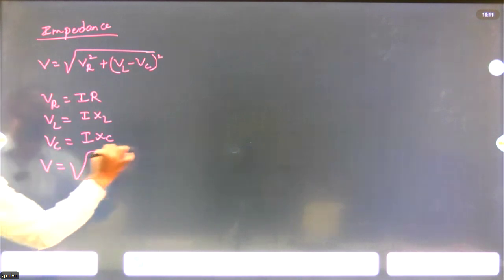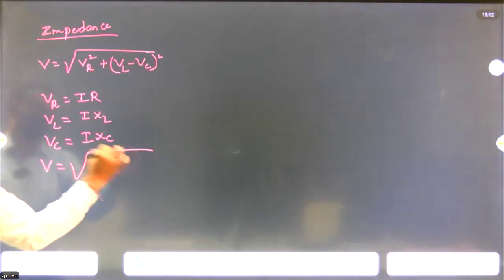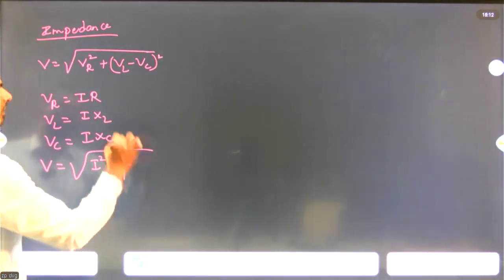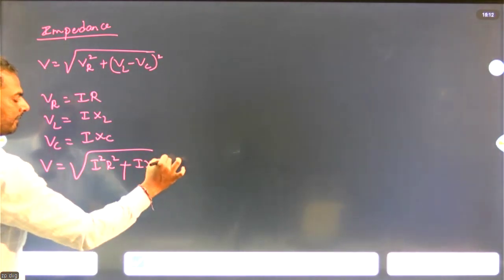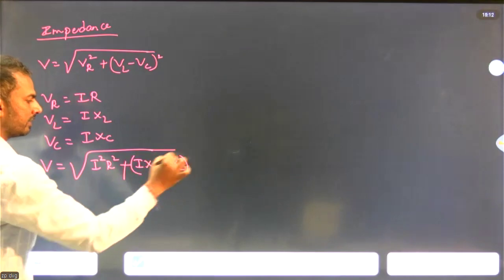V is equal to the square root of, what is VR? I square R square plus (VL minus VC) whole square. VL is I into XL minus VC, I into XC, whole square.